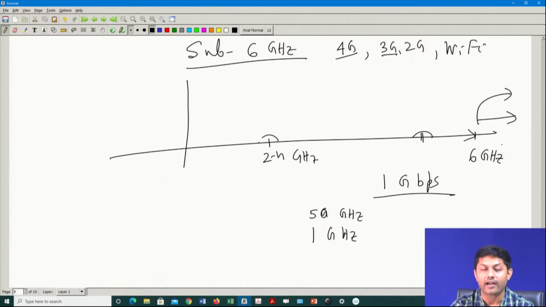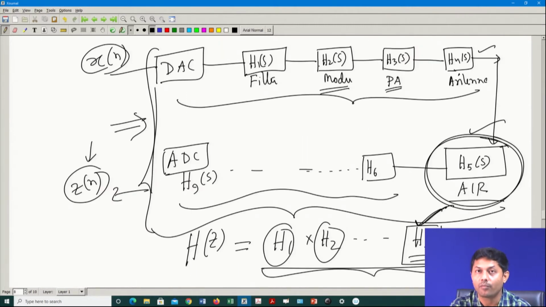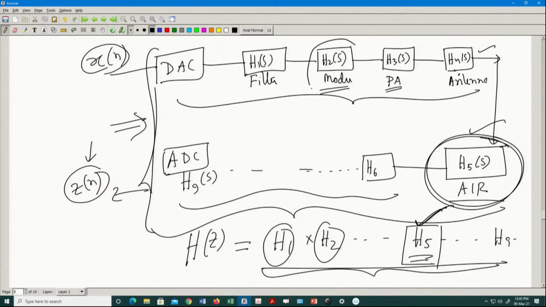So, increasing the RF is also not a solution suddenly just because you have available spectrum there, because when you increase the RF, what is the other problem? The other problem is what about the modulation, this part, this filter? What about the power amplifier filter? Will they be the same? No, it will not be the same. Why?